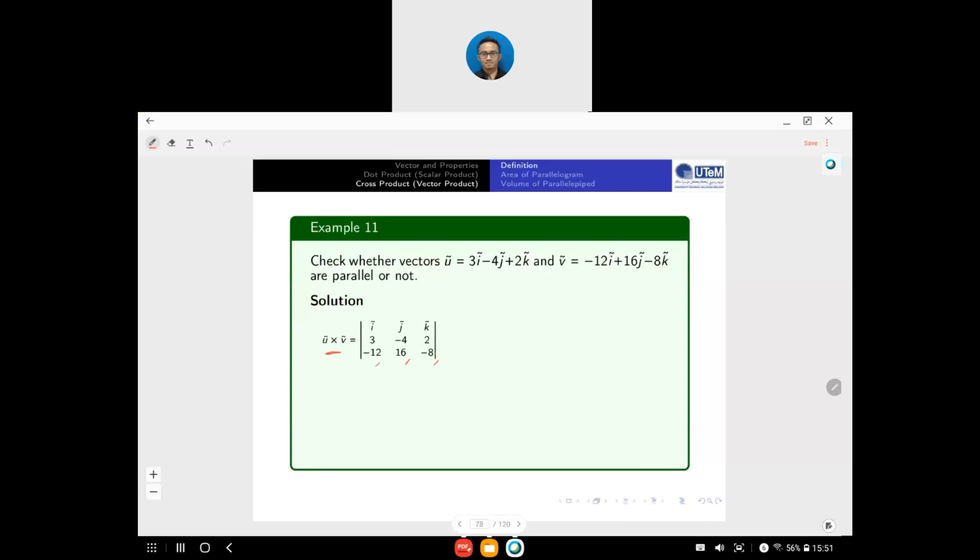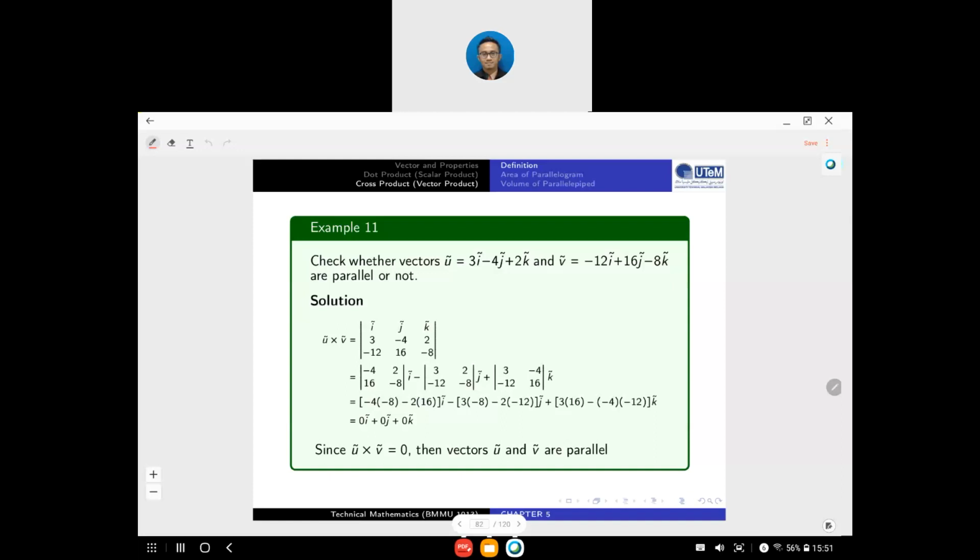When you solve this, you get I with negative 4, 2, 16, negative 8, J with 3, 2, negative 12, negative 8, and then K with 3, negative 4, negative 12, and 16. When you solve this, you get 0, 0, 0. Okay, since your answer is 0, therefore we can conclude that vector U and V are parallel. Any problem so far? Now, look at the next one.